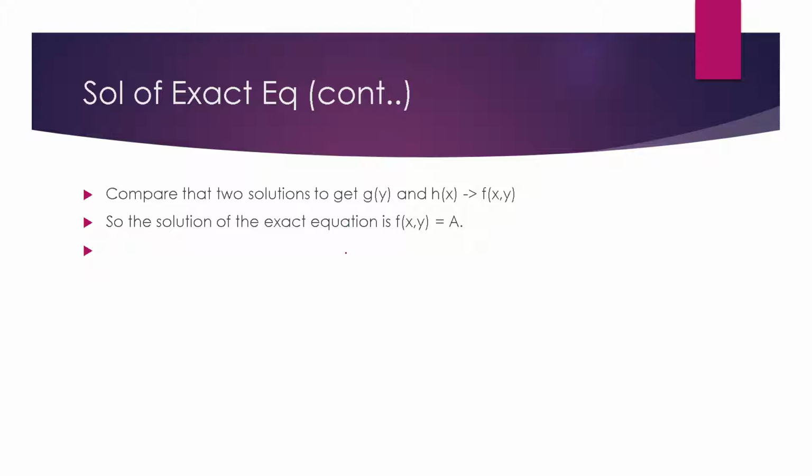Then you obtain two expressions for f(x,y). You can combine them: from the first equation you obtain the function of y in the second equation, or you start from the second equation and obtain the function of x from the first equation. Then the solution of the exact equation is f(x,y) equal to a.